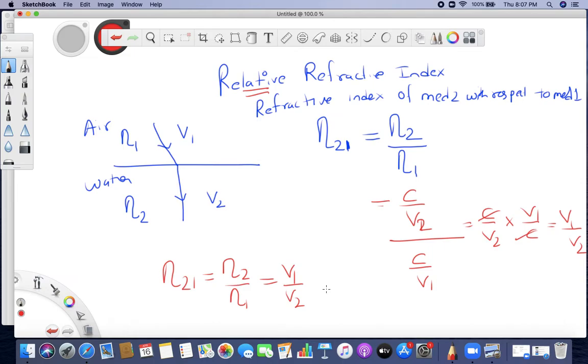Why? Because refractive index is the reciprocal of velocity. So guys, refractive index, in simple words, is how much a light is bent, or the measurement of that bending. If you are talking about only one medium, you talk about absolute refractive index, but when you are talking about two media, you talk about relative refractive index.